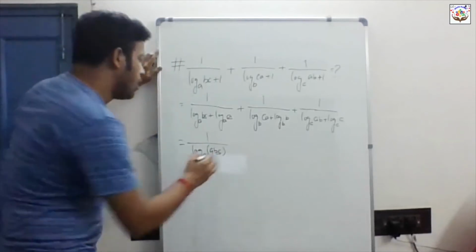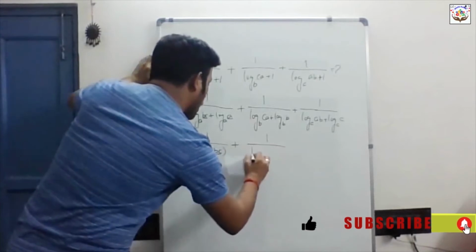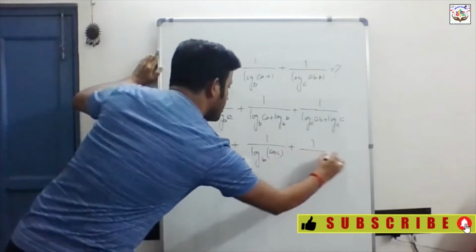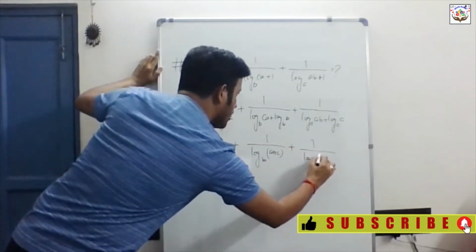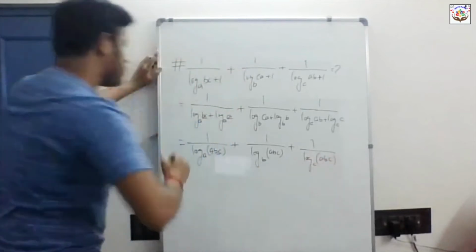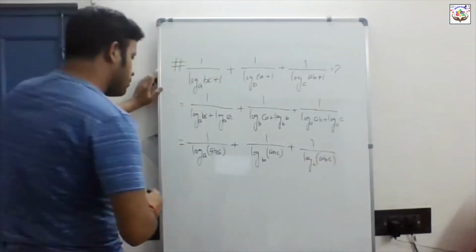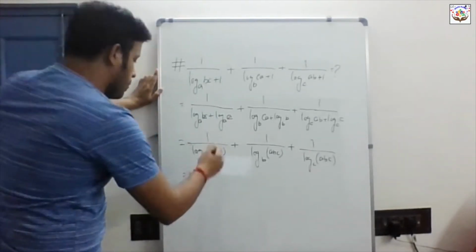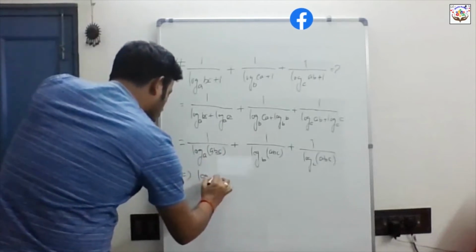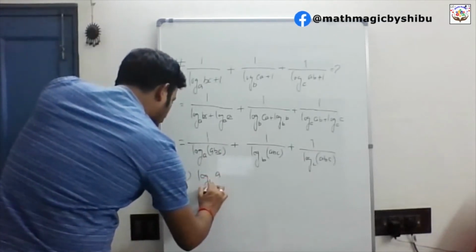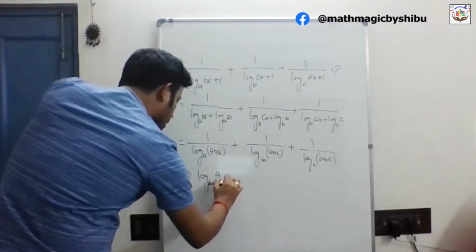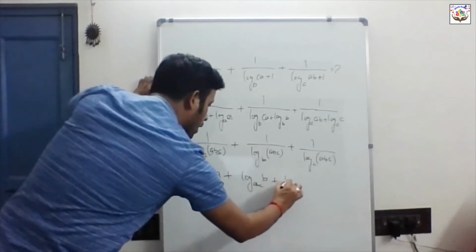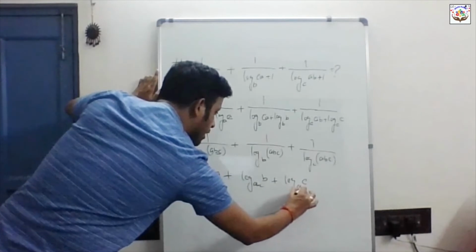Similarly, we can write 1 by log b abc, and for this case log c abc. Now we can write it as log a abc plus log b abc plus log c abc.